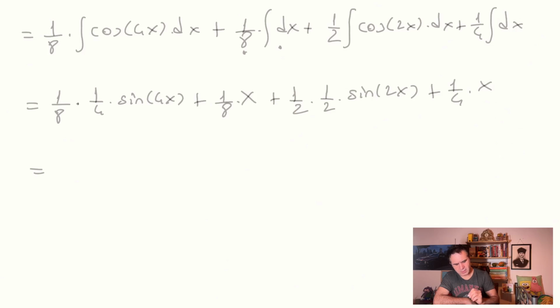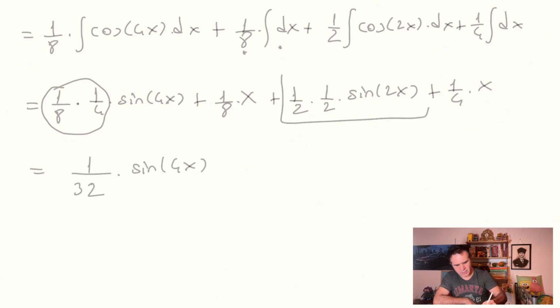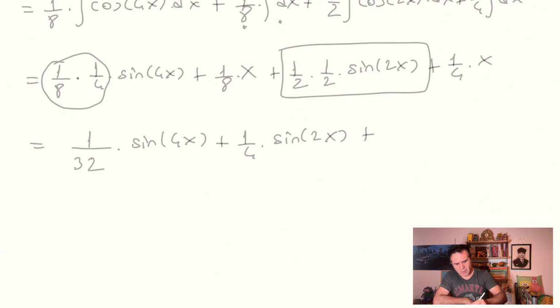Then the answer will be 1 over 8 times 1 over 4, which is 1 over 32, times sine of 4x, plus 1 over 2 times 1 over 2, which is 1 over 4, times sine of 2x, plus 1 over 8 x plus 1 over 4 x.